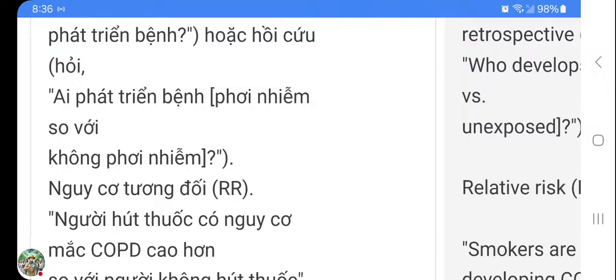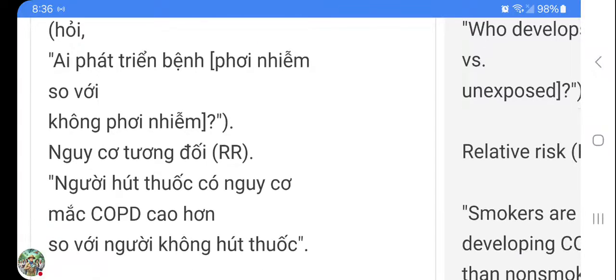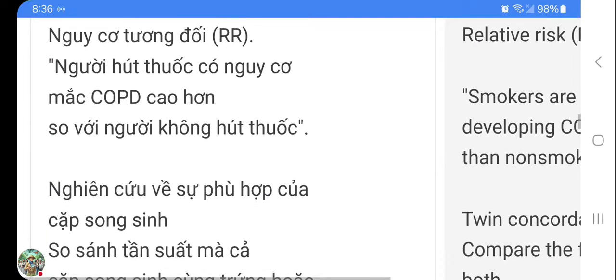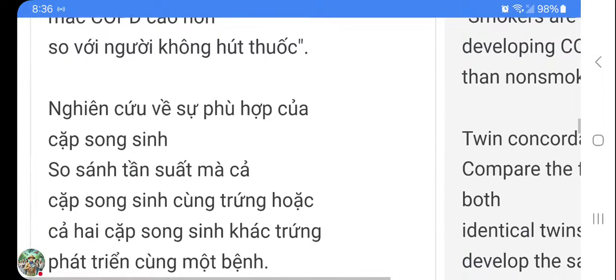Okay, so for the cohort study, you know about the relative risk, similar for COPD, the example is the same.